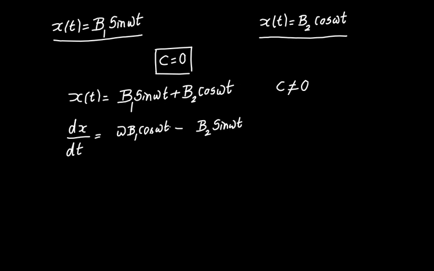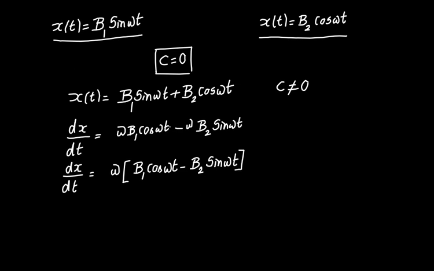So dx over dt can be written as omega times b1 cos omega t minus b2 sine omega t. That's right. We got dx over dt.